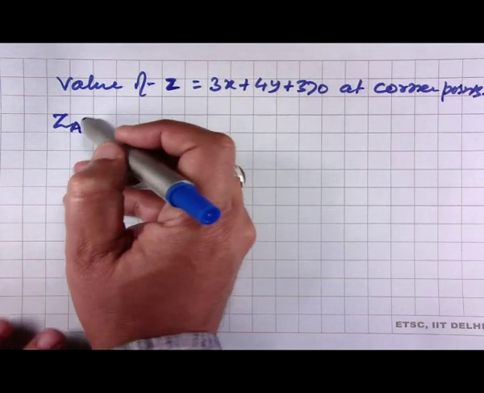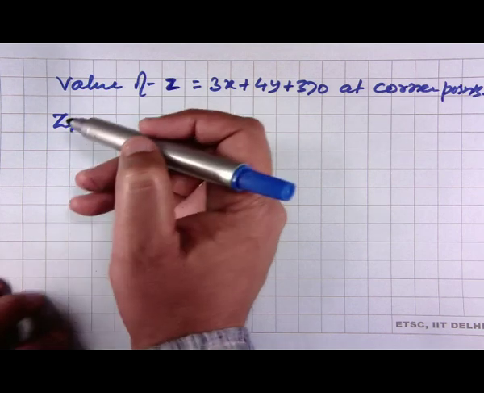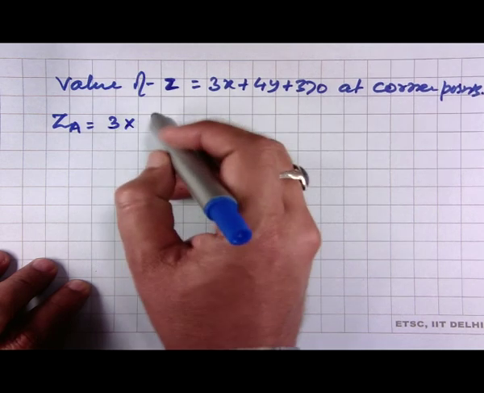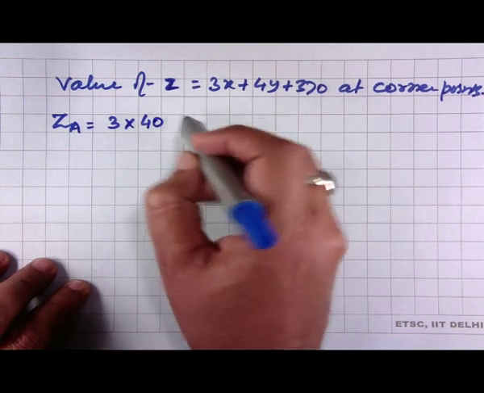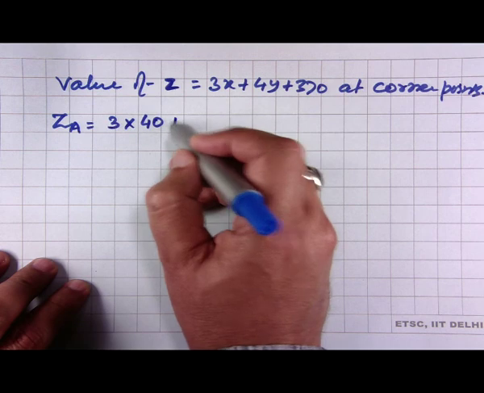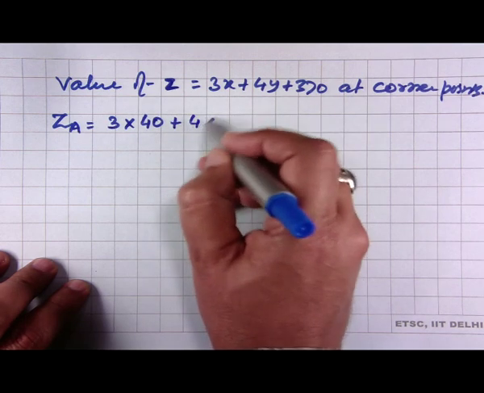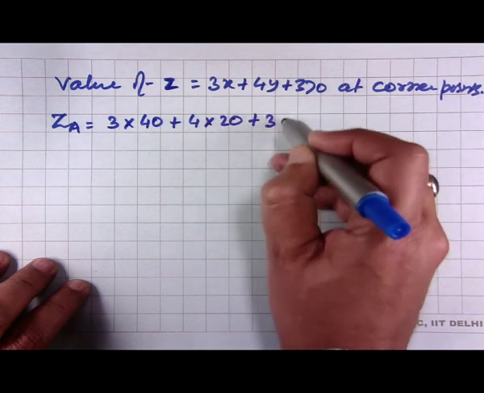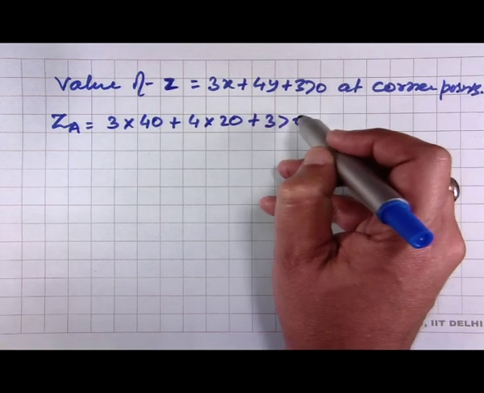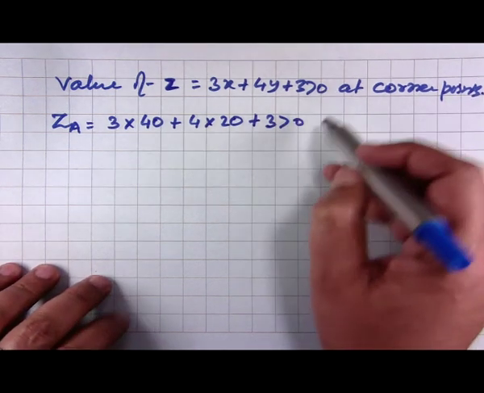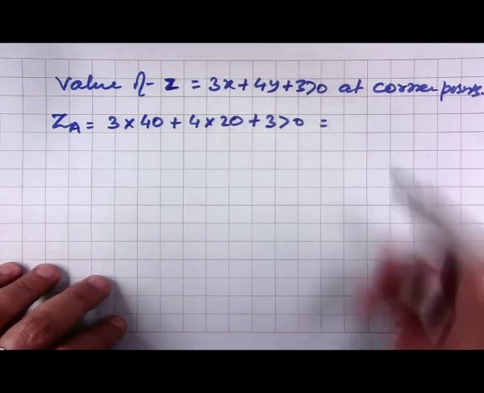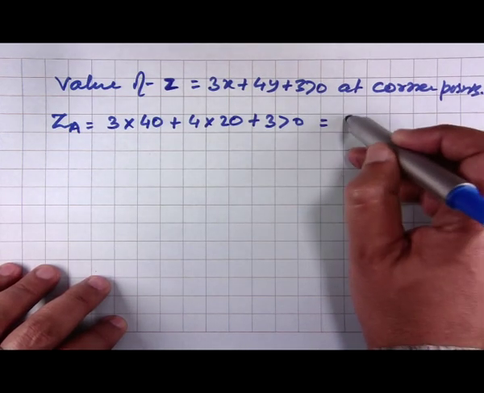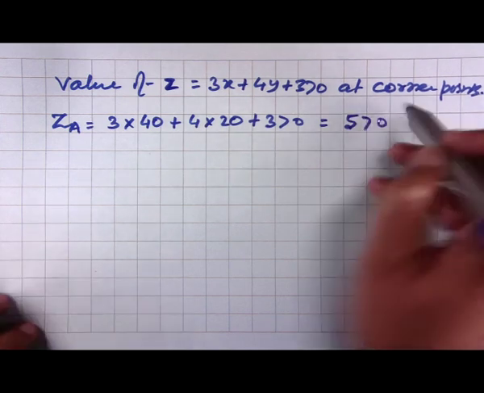ZA equal to 3 into 40 plus 4 into 20 plus 370 equal to 570.